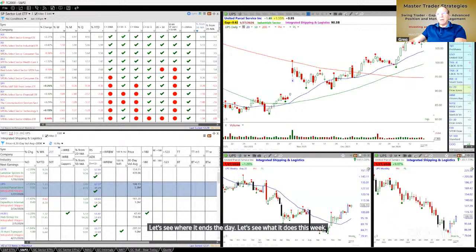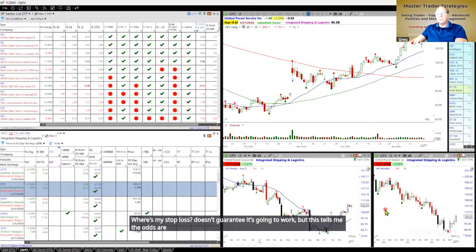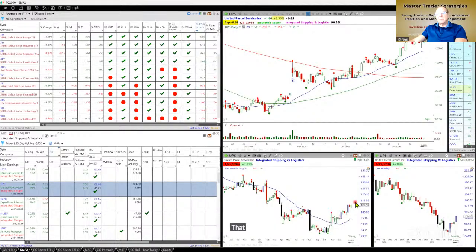And if it breaks out, then comes, okay, if I buy it, where's my stop loss? Doesn't guarantee it's going to work, but this tells me the odds are pretty darn good that this is going to go up. And the whole idea of what we're doing here is put the odds in our favor. Wouldn't you agree? This is how we do it with the top-down approach.